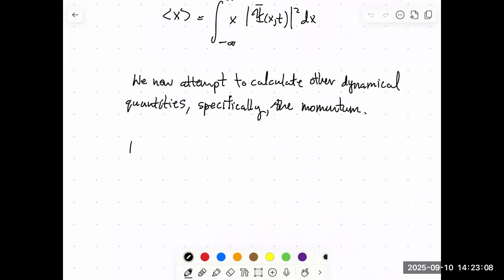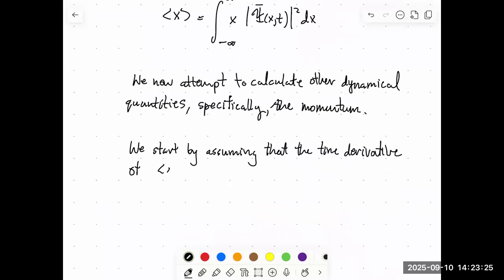Okay, so we start by assuming that the time derivative of the expectation value of x gives the expectation value of velocity.